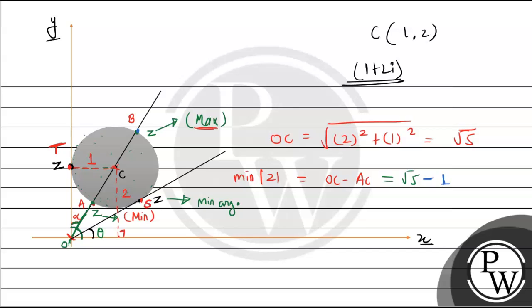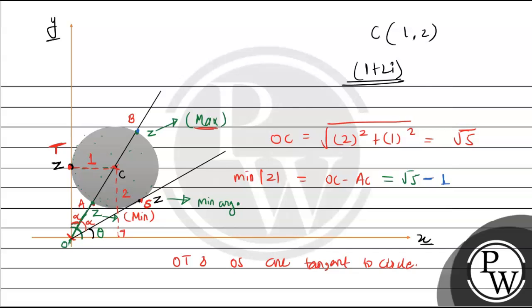The minimum argument point and the maximum argument point are s and t. So here Ot and Os are tangents to the circle, right? Tangents to the circle, and they are from the same point. So obviously this angle and this angle will be the same, alpha, alpha. From the properties of a circle we can find that these two angles will be the same.